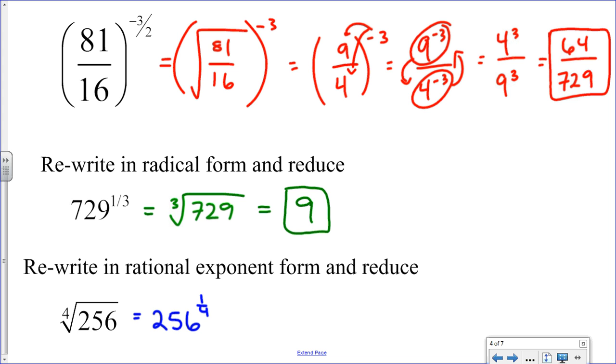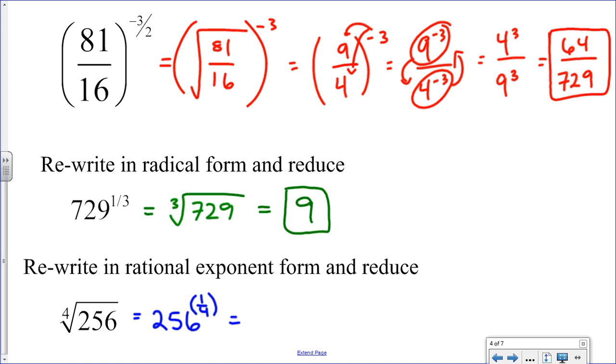You could do the fourth root like this, or you could do 256 to the 1/4 power. Be careful though, if you do the exponent, make sure that whole fraction is in the exponent. In the graphing calculators, if you use the caret key, then you have to use the parentheses around the 1/4.